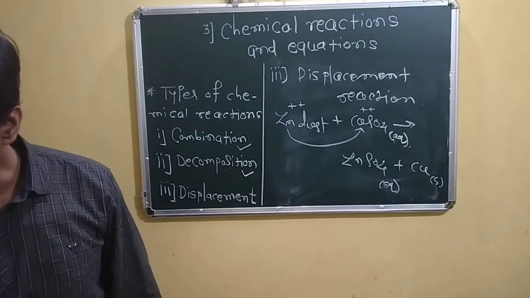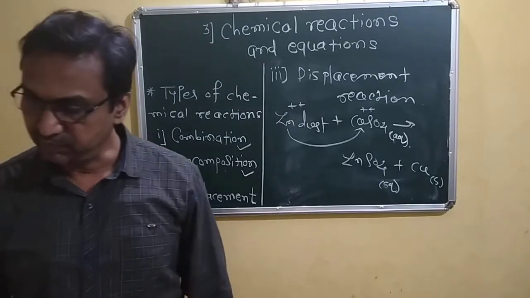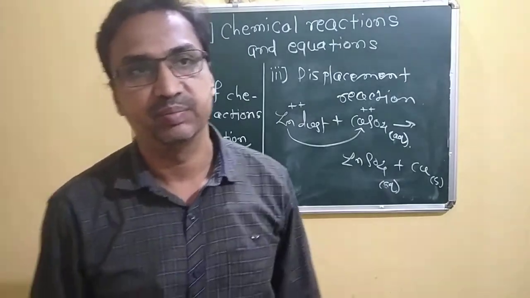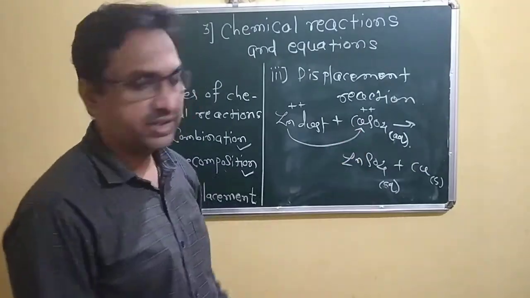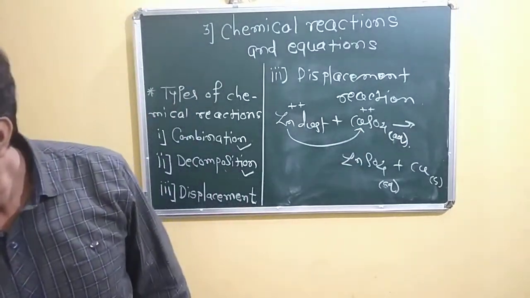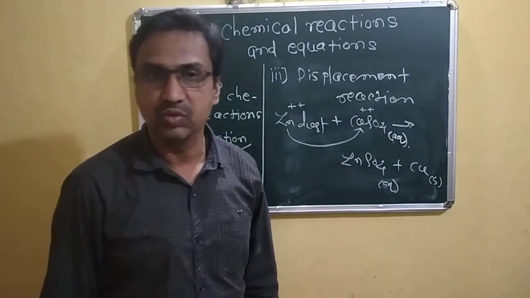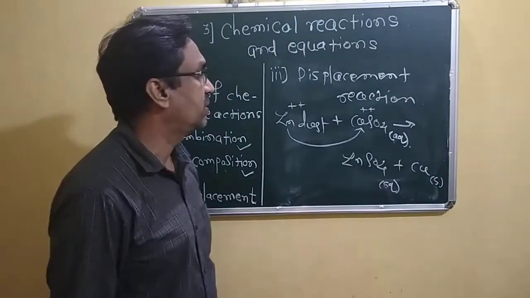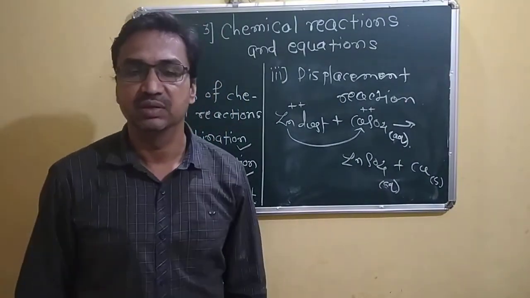Here the place of the ion of a less reactive element in a compound is taken by another, more reactive element, and this type of reaction is called a displacement reaction.